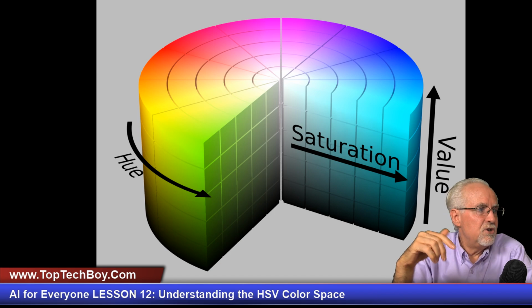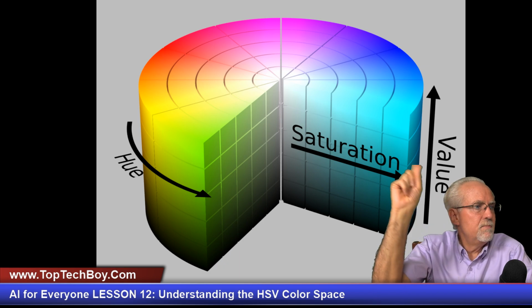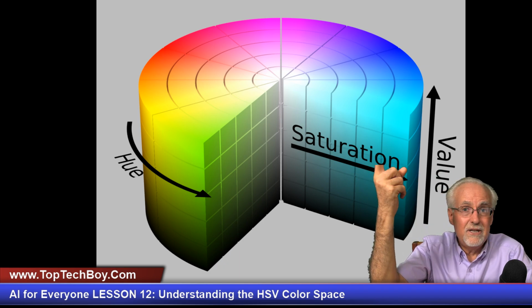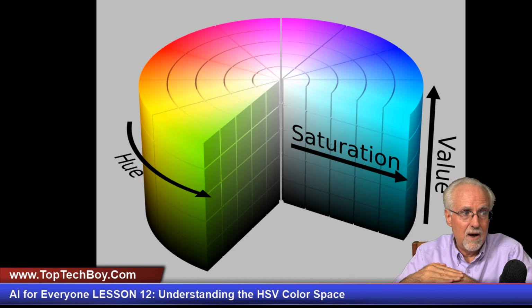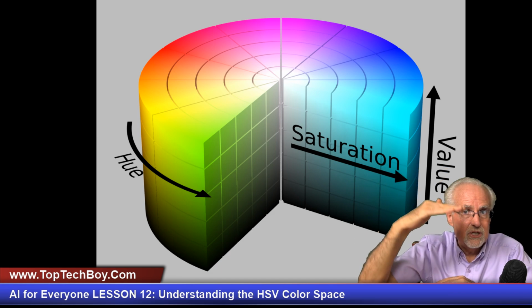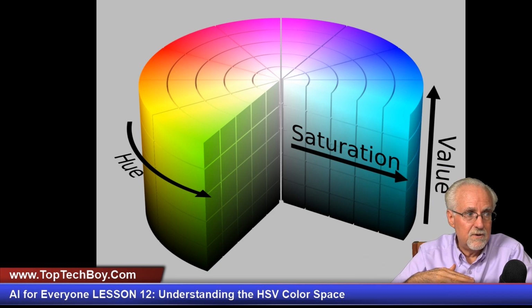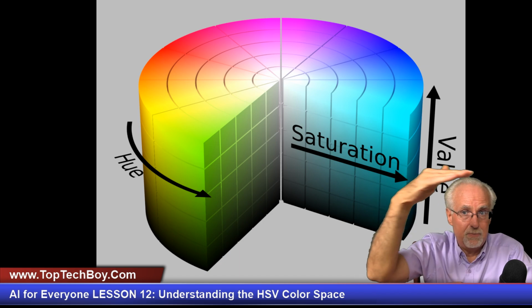By the time I get all the way to the bottom, I'm black. So no matter where I am in hue, if value goes to 0, any hue is going to turn black. If value is 255, then it's pure color.